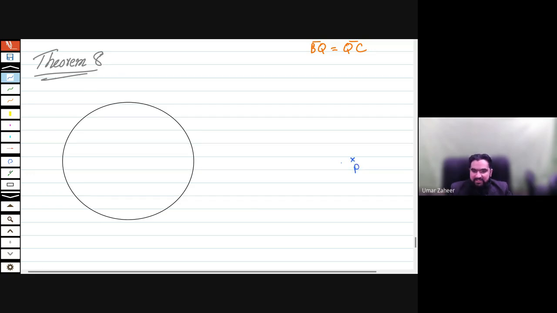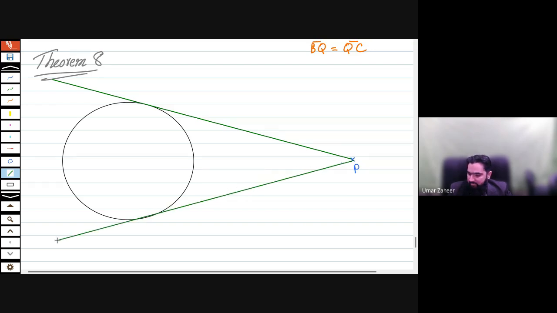A point outside the circle can make a maximum of two tangents to the circle. One is going to be here, and one is going to be here. Let's say they meet the circle at A and at B, and this is the point.